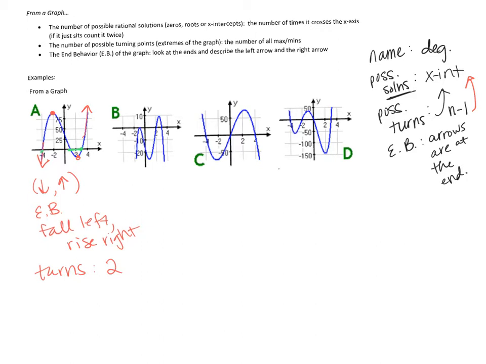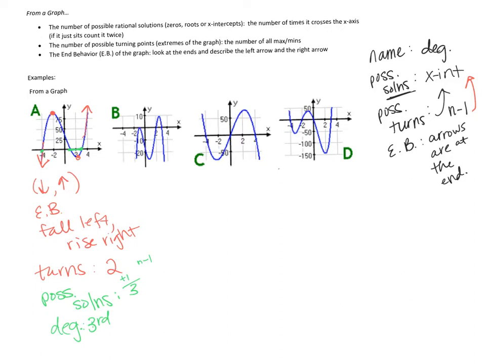So I can either count it like that, or instead of saying n minus 1, let's add 1 to this, which will give me 3 possible solutions. Okay, so I have 3 possible solutions. And remember, the number of possible solutions is also the degree of the polynomial. Okay, so we're going to get that same idea as we go through the rest of these.